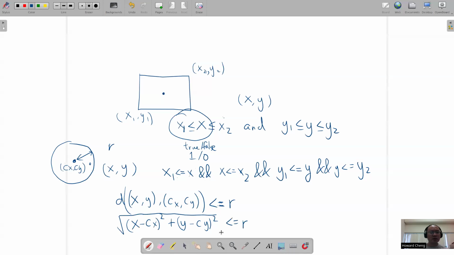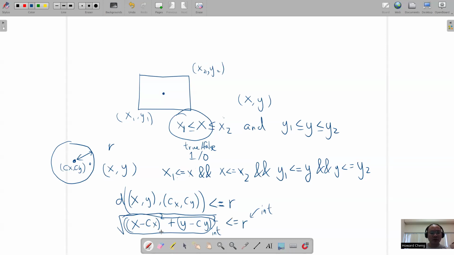But you never want to do this because remember that all of the quantities x, y, cx, cy, and r are all integers. When you do this, inside here is an integer, but as soon as you take the square root, it might not be an integer anymore.